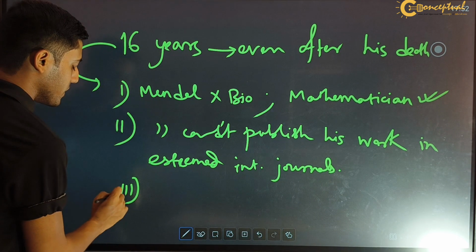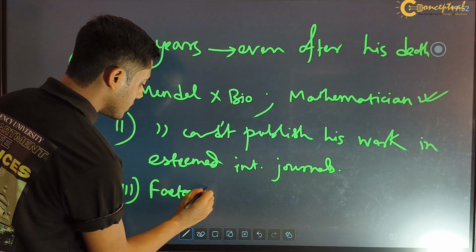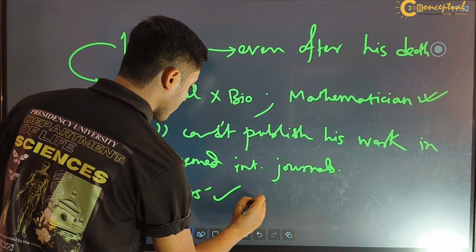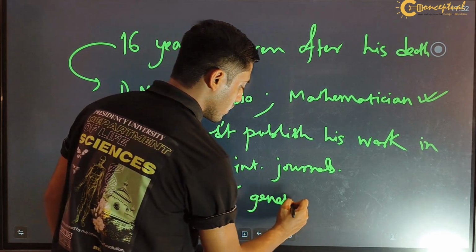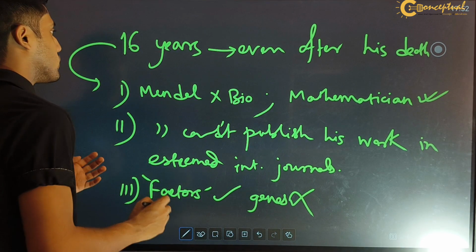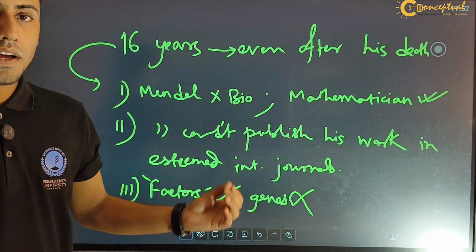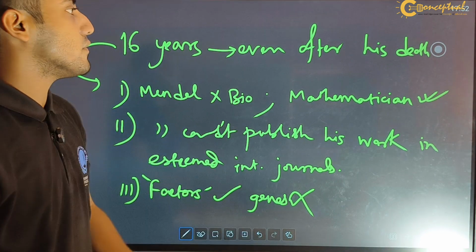And the third reason would be, he said factors instead of the term genes. So we were not really understanding what he was trying to say. So these are the probable causes or the reasons why Mendel's work went unrecognized even 16 years after his death.